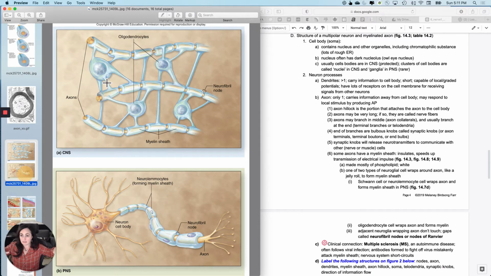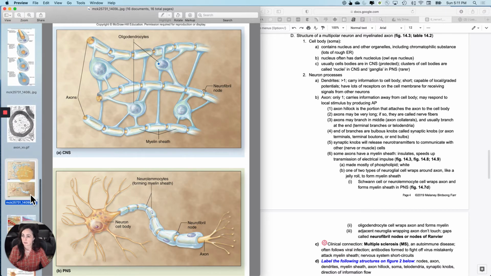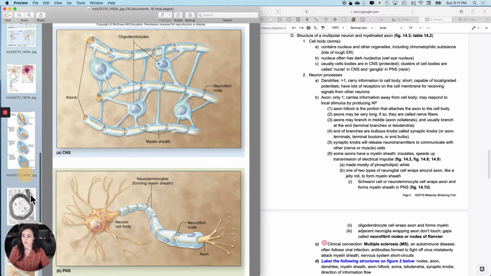So it's a many-fingered cell because it's wrapping itself around a whole bunch of different places on a single axon or a whole bunch of different axons. So in the PNS, you myelinate with neurolemmocytes, also called Schwann cells. In the CNS, you myelinate with oligodendrocytes, and that actually ends up mattering because one of them helps with regeneration if something occurs and the other one doesn't.